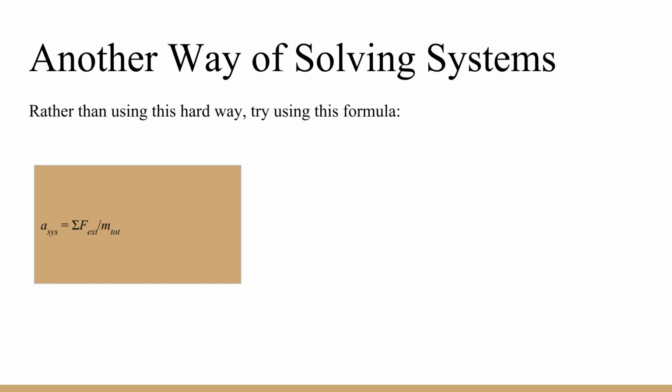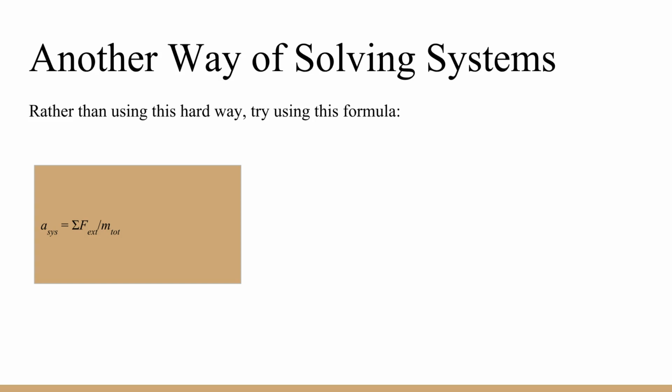Now, that was exhausting, and if you actually want to do an easier way, it's just a formula. So I'm going to try using this formula. The acceleration of the entire system, because remember, I didn't point this out, the acceleration is the same for both blocks.